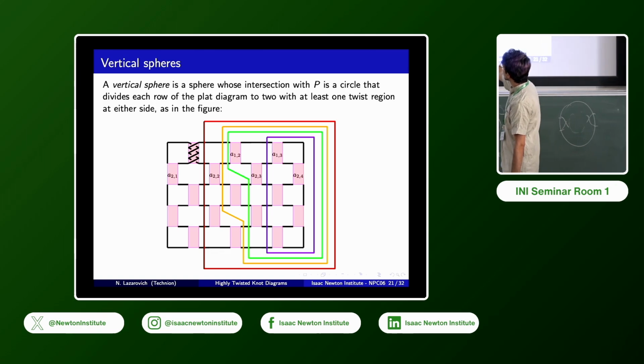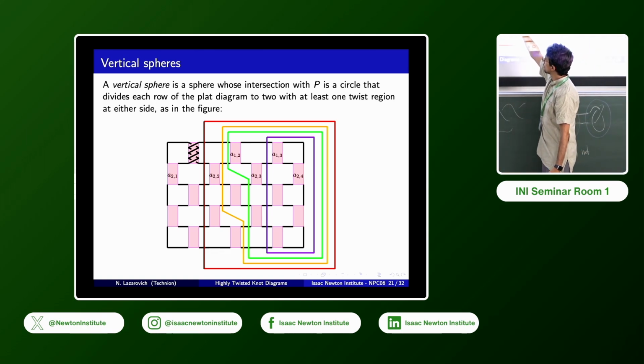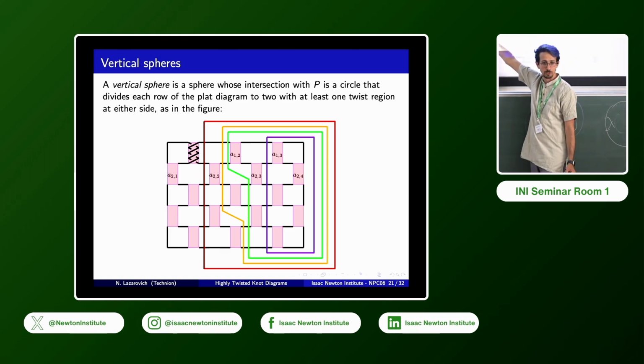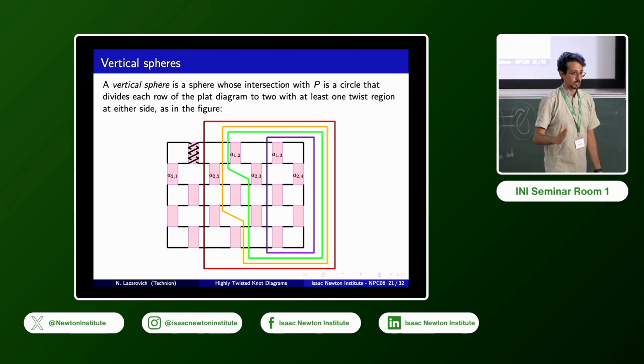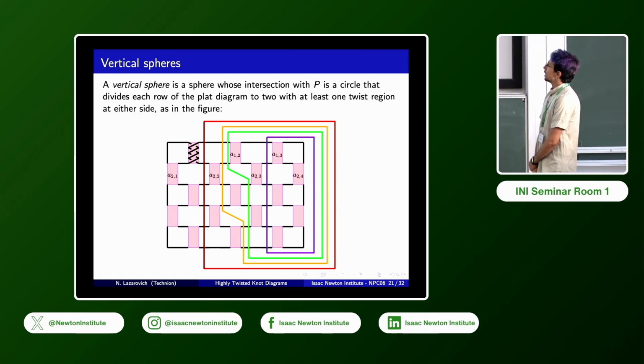And we ask for it to have, in each row of the diagram, at least one twist box on its right and at least one on its left. The leftmost such curve is shown in red, and the rightmost is shown in purple. There are many such things in the middle, so I drew 2 more in the middle.